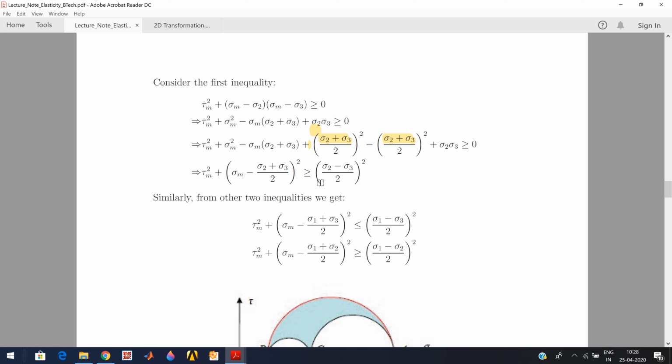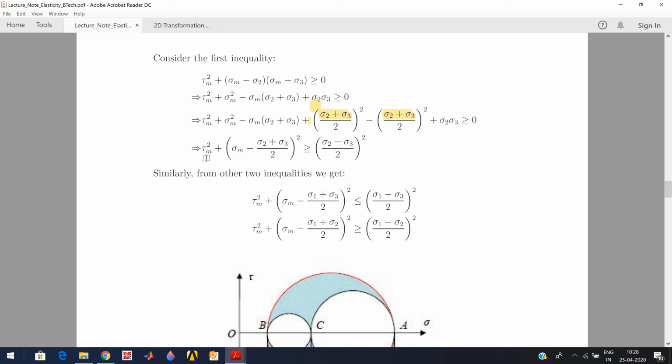You can see this equation is similar to the equation of a circle. Think of sigma m as the x-axis and tau m as the y-axis, then it is y square plus x minus xc, where xc is the center, whole square, greater than or equal to r square.